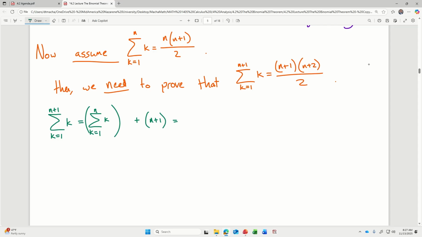Now, by our assumption, I can replace this big sigma that goes from k equals 1 to n with n times n plus 1 divided by 2, plus n plus 1, right?